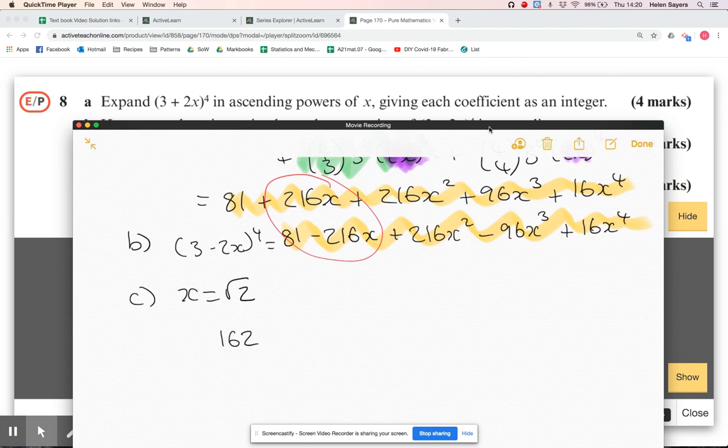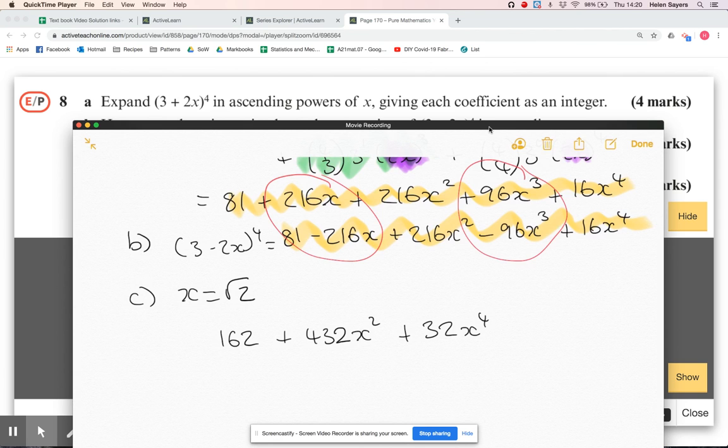I do have an x squared term, because I've got 216x squared plus 216x squared. The x cubed terms are going to cancel, because I've got minus 96x cubed and plus 96x cubed. And I will have 16x to the 4 plus 16x to the 4.